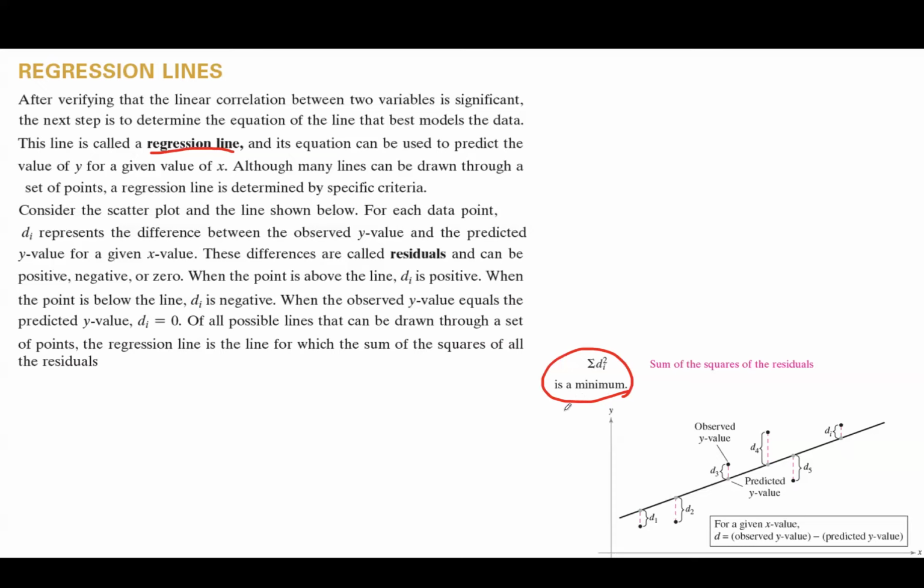This is the important criteria for any regression line that best fits the data. A regression line, which is also called a line of best fit, is the line for which the sum of the squares of the residuals is minimum.